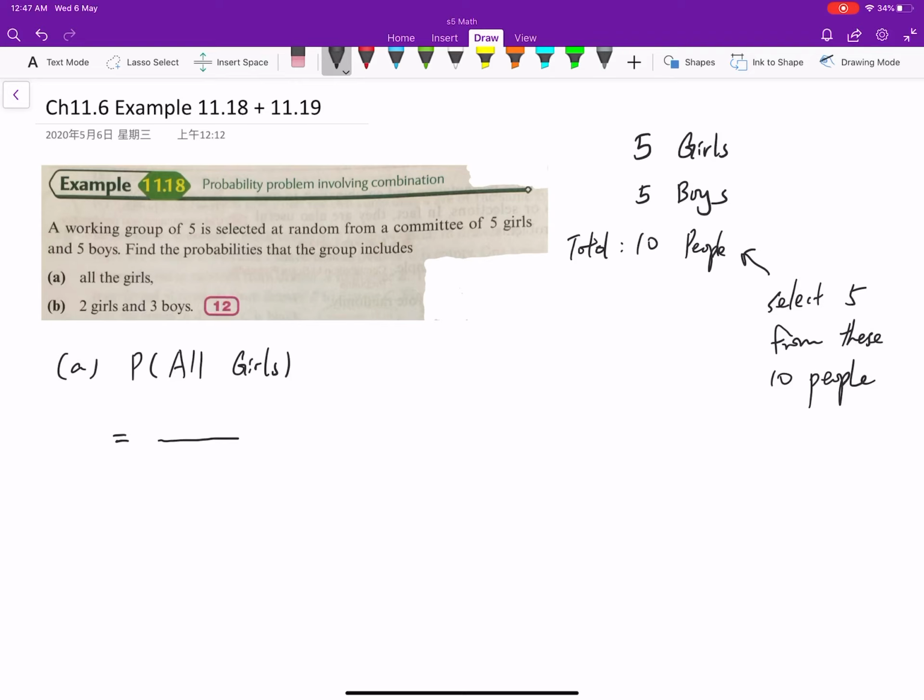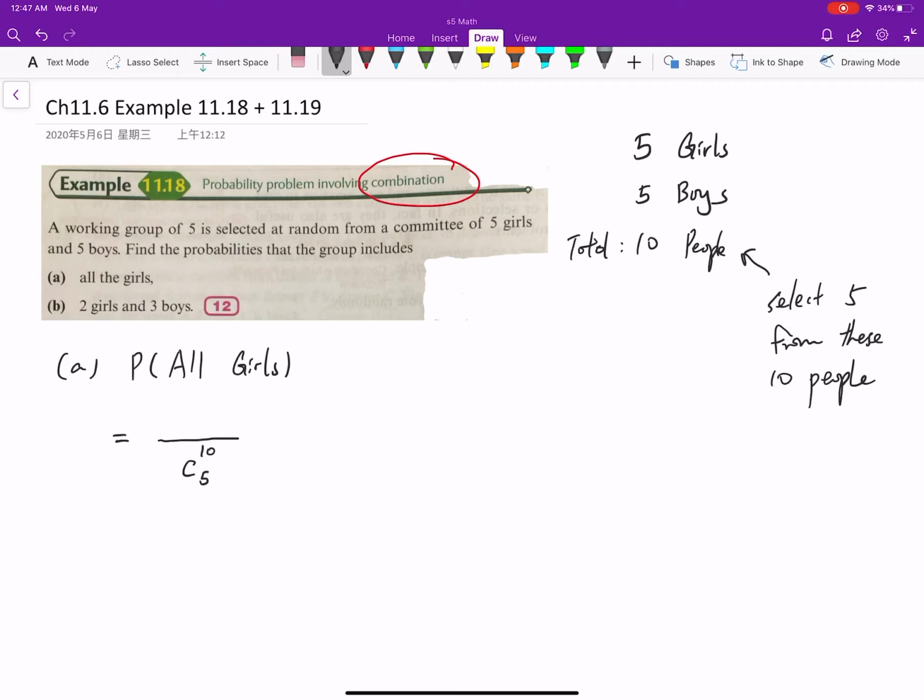We just pick the people from the committee without considering the order, right? So it is combinations. And actually, here you have the hints. But sure, in the examinations, you don't have these hints, right? But from the questions, you know it is a combinations question. So we select 5 from 10 people. We have 10C5.